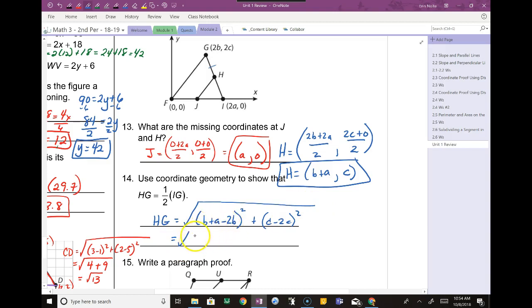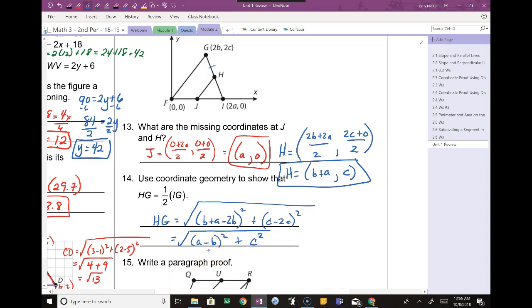So b minus 2b is a negative b, so I have a minus b. And c minus 2c is a negative c, and negative c squared is positive, right? Negative times a negative is a positive, so c squared. Okay, so HG is this distance.